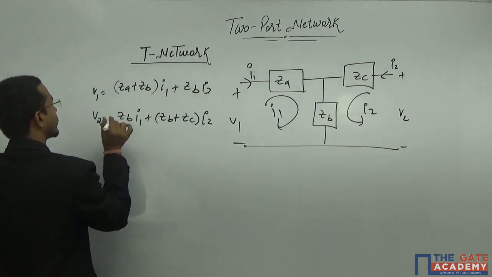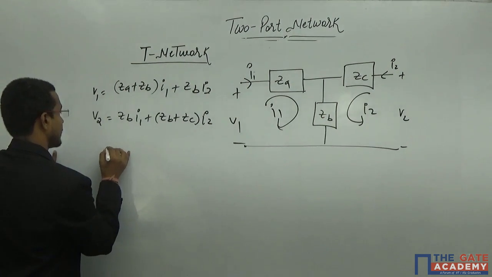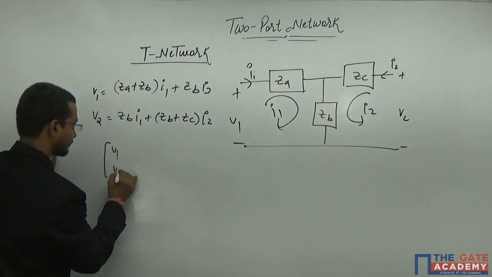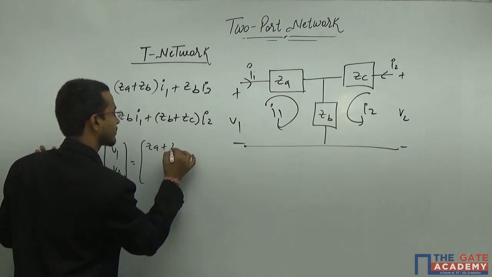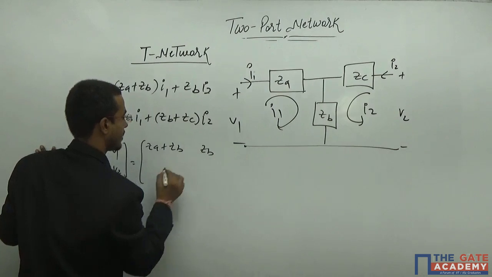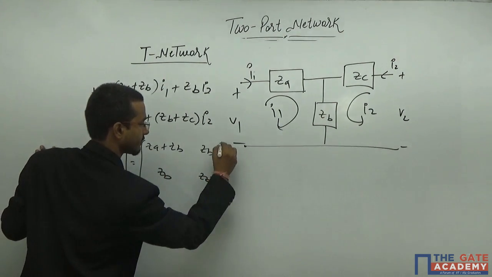Just write down the KVL equation on both the sides and you will get this. Now, try to manage it in matrix form: ZA plus ZB, ZB, ZB and ZB plus ZC.